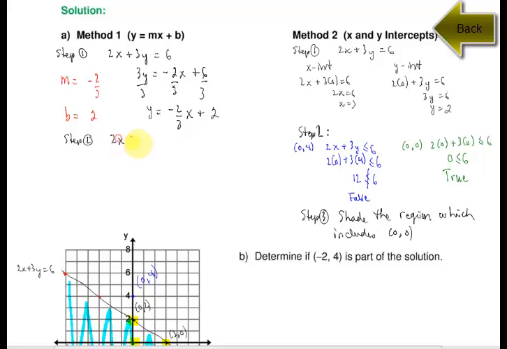So we got 2x plus 3y is less than or equal to 6, so isolate for y. Divide by 3. And y is less than or equal to negative 2 over 3x plus 2.